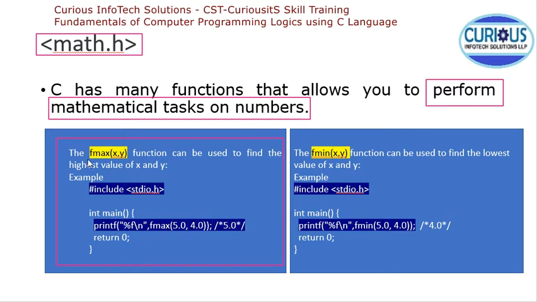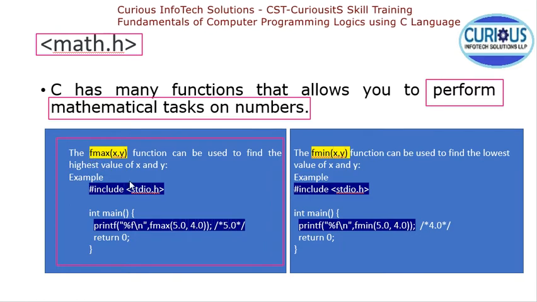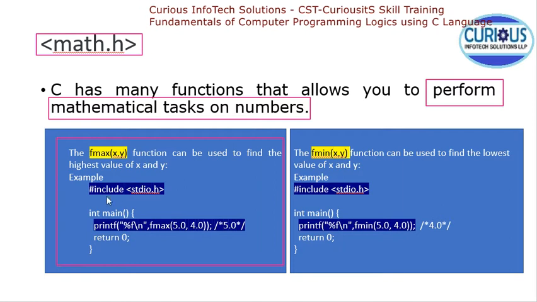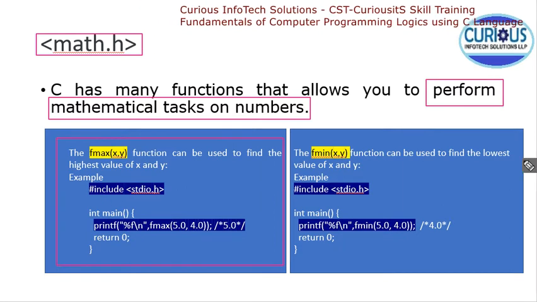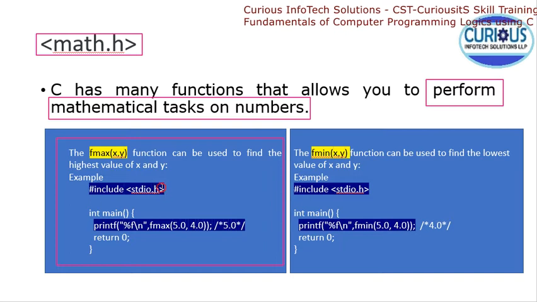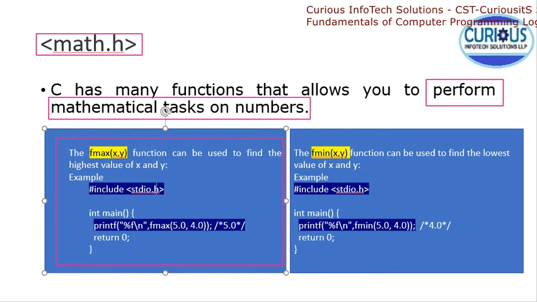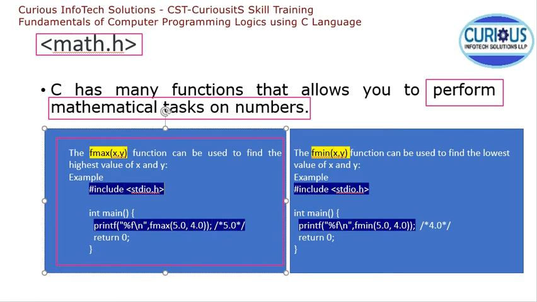Okay. So here I am using fmax. The f is for floating. So here we will use this function by this include. Very first we will include our stdio.h.